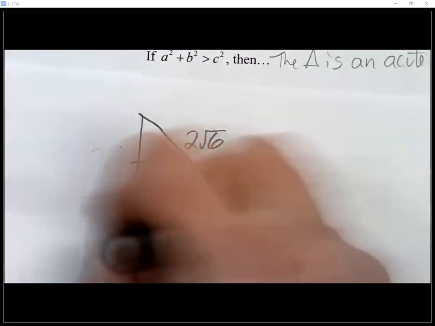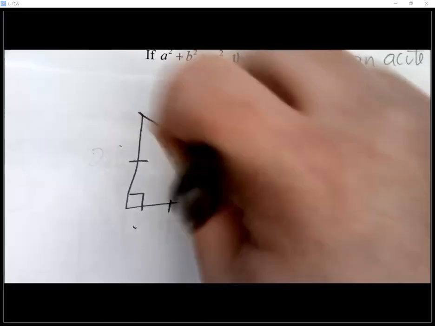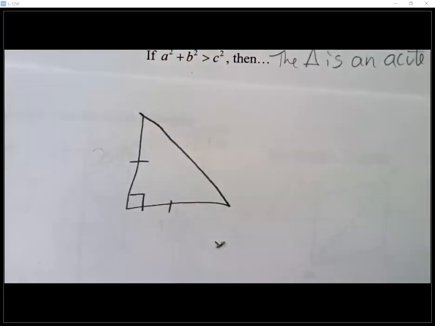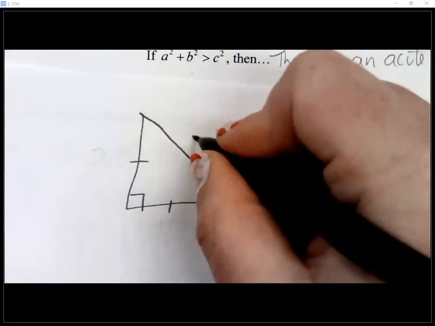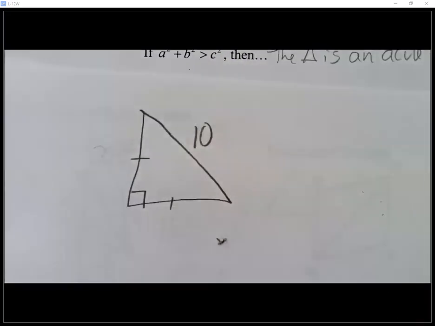Now, riddle me this. What if this side were 10? Root 5. That's what I was thinking. Oh wait, no, it's 5 root 2. It's whatever makes 100.